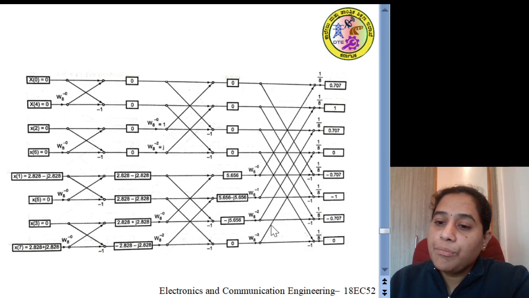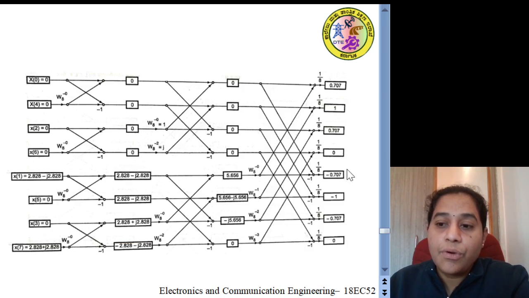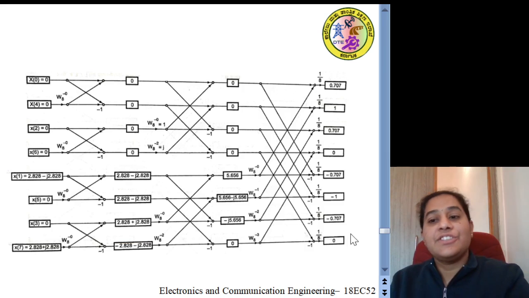And after computing this third stage of computation, and after multiplying all the output samples with the factor 1 by N, we obtain the outputs, that is our x of n IDFT, as 0.707, 1, 0.707, 0, minus 0.707, minus 1, minus 0.707 and 0.